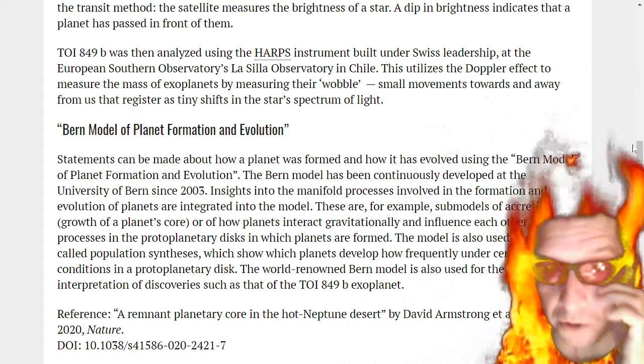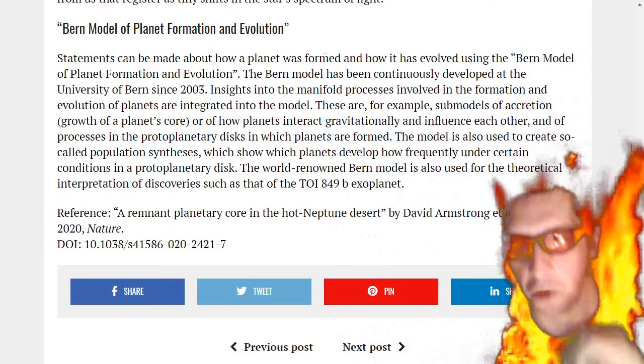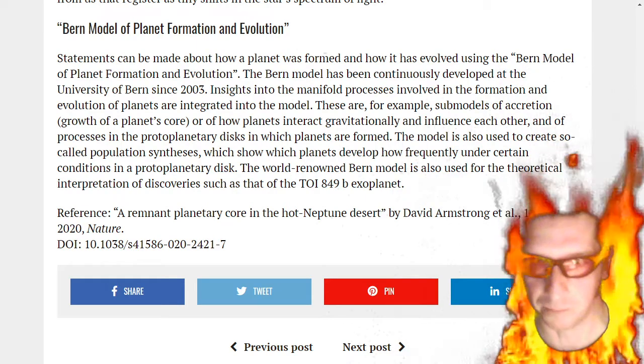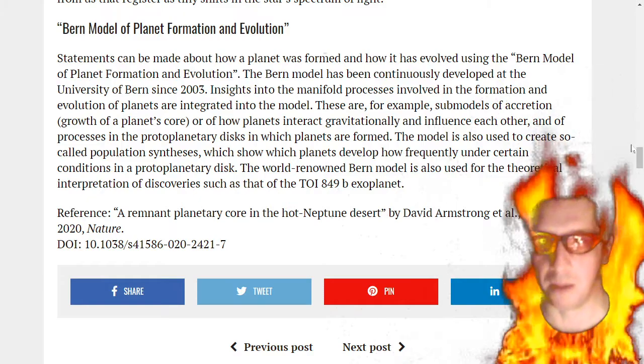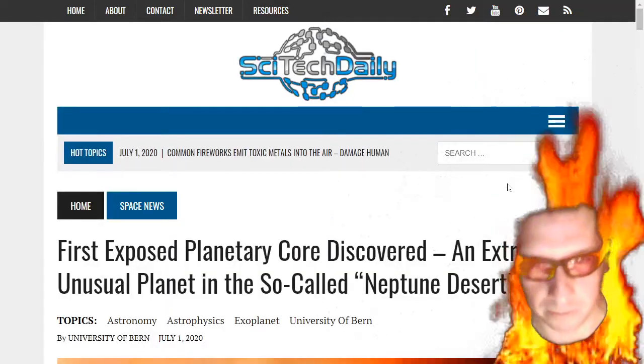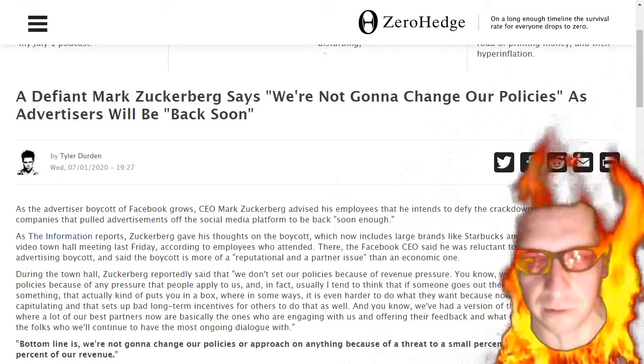The model is also used to create so-called population syntheses, which show which planets develop how frequently under certain conditions in a protoplanetary disk. It's a world-renowned model. Anyway, have a read on that if you like. It's also on SciTech Daily. First, exposed planetary core discovered.